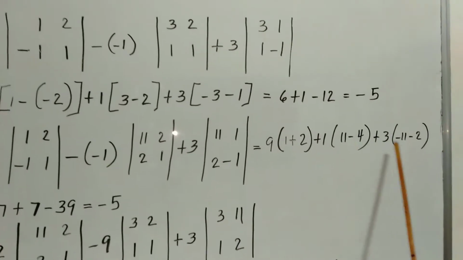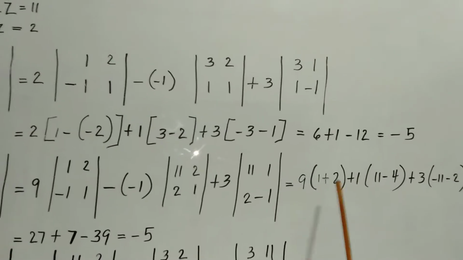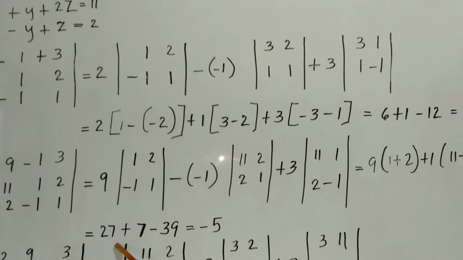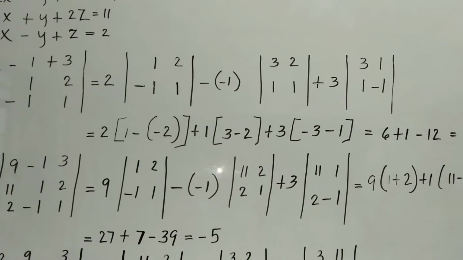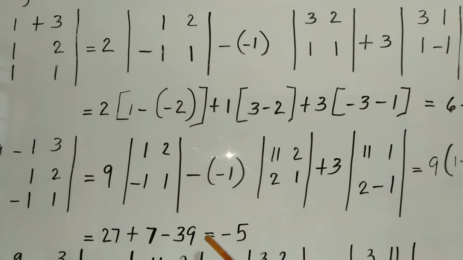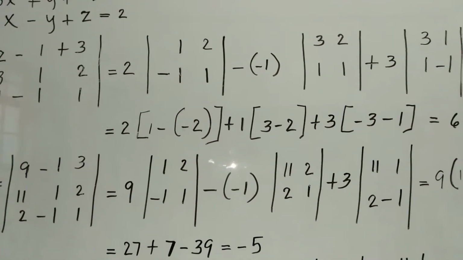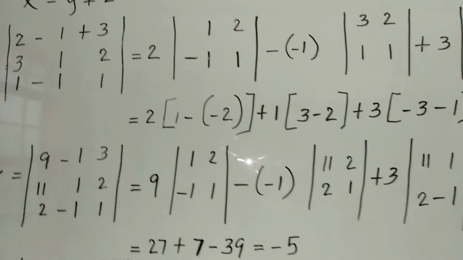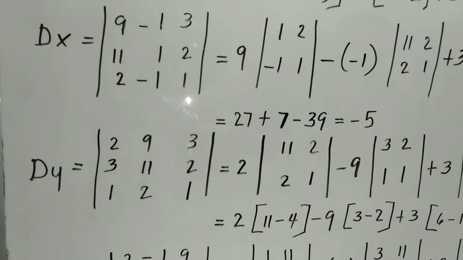So we just continue multiplying. 9 times 3 is 27. 11 minus 4 is equal to 7. And 3 times negative 13 is equal to negative 39. So 27 plus 7 is equal to 34, minus 39 is equal to negative 5. So the determinant with respect to dx is equal to negative 5.